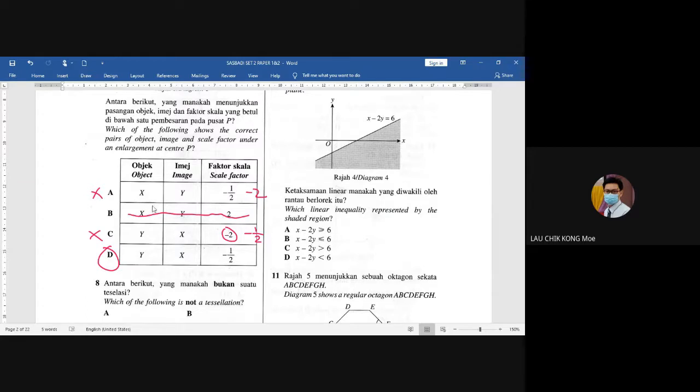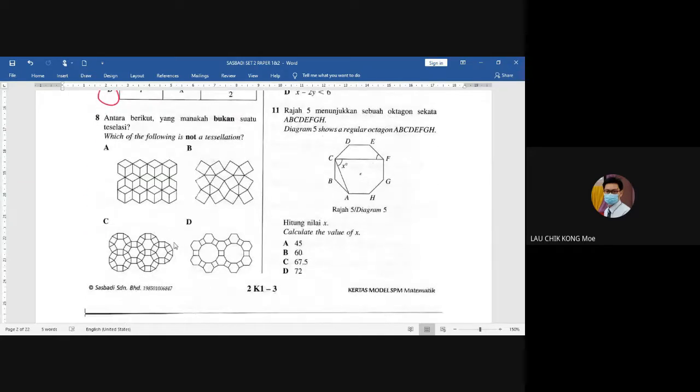Ini pun banyak belajar yang salah. Which of the following is not a tessellation? Not a tessellation.